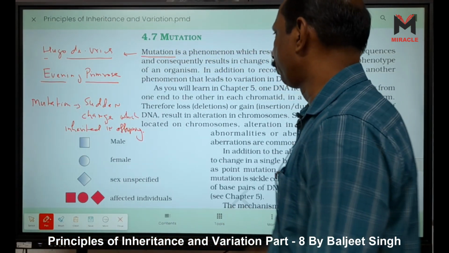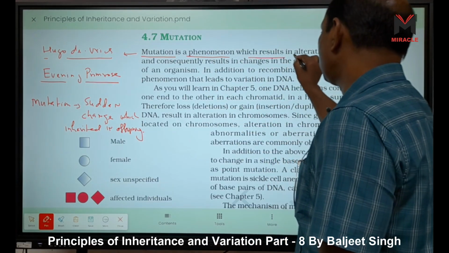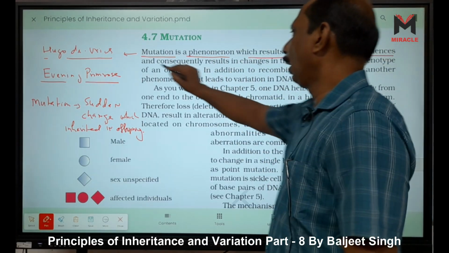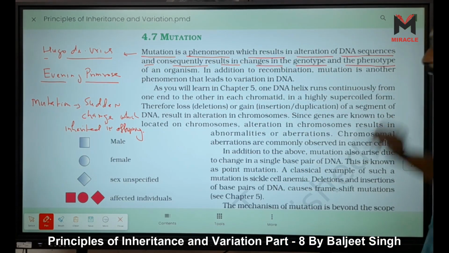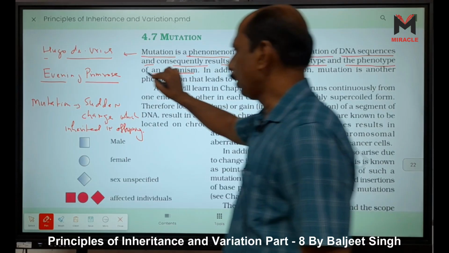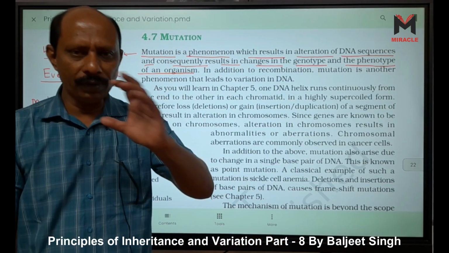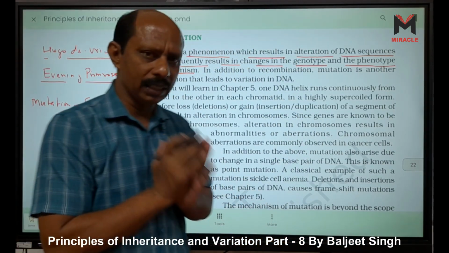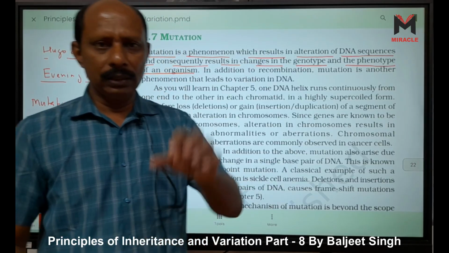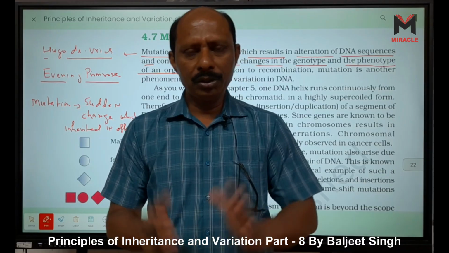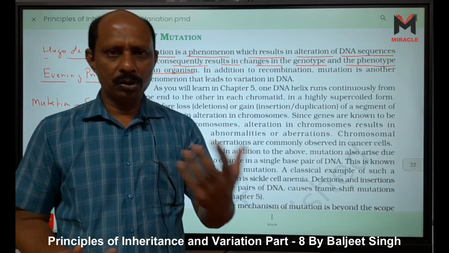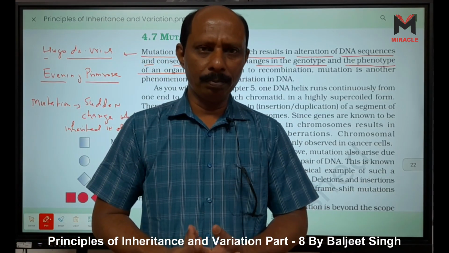It is a phenomenon which results in alteration of the DNA sequence and consequently results in change of the genotype as well as the phenotype of the organism. Because if the nitrogen base or nucleotide sequence is changed, the sequence of amino acids is also changed. DNA is responsible for formation of messenger RNA, which forms the polypeptide chain.